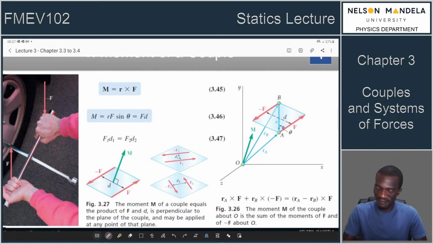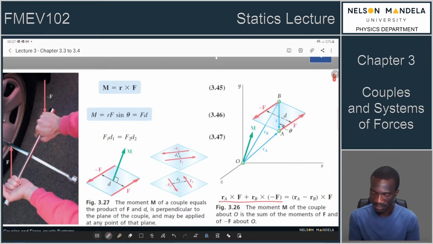So if we have a setup as such, one can find the moment of this couple by individually looking at the moments of each force. So you are actually applying which theorem? Do you still remember the theorem? Varignon's theorem. Okay, so this equation here is just explaining that.